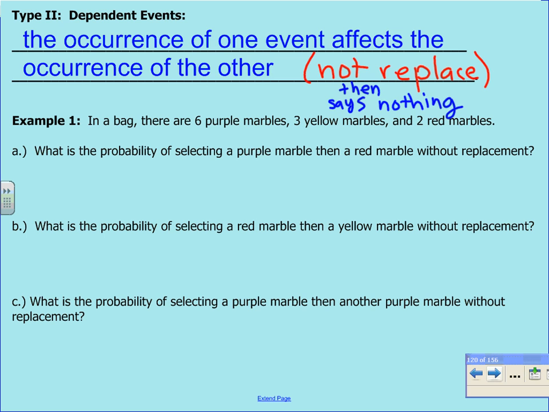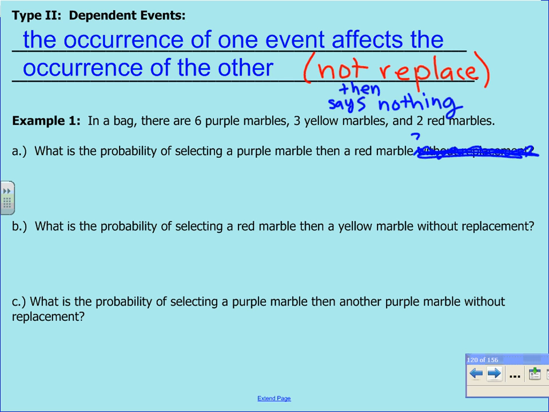All right, so example 1. In a bag, there are 6 purple marbles, 3 yellow marbles, and 2 red marbles. Letter A says, what is the probability of selecting a purple marble, then a red marble? If you cross off without replacement, this is what it will look like on an exam and on your homework.